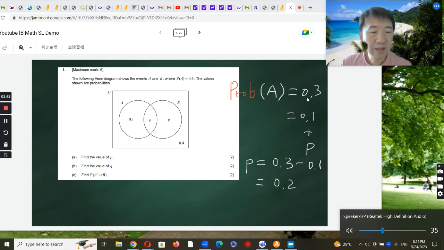So 0.3 is equal to 0.1 plus p. Once you realize this, it is easy enough to solve for p. So p must be 0.2. 0.3 minus 0.1 is 0.2. Right? So the value of the small letter p is 0.2.